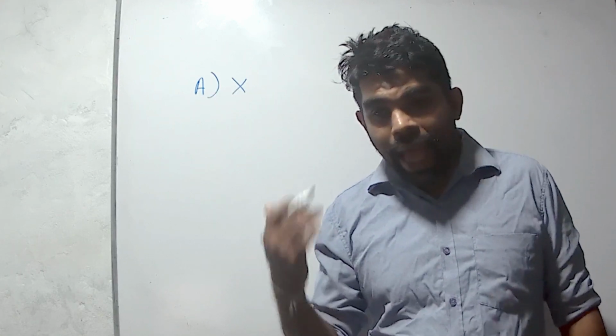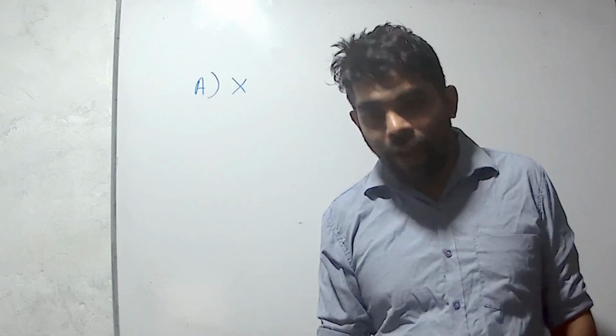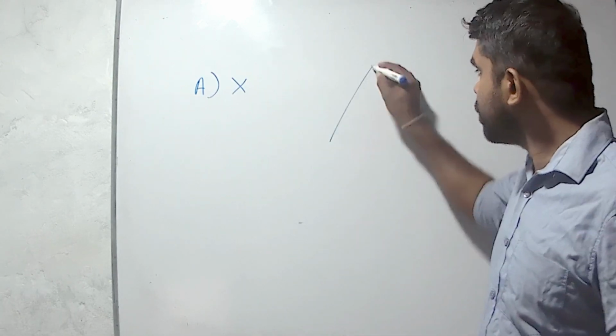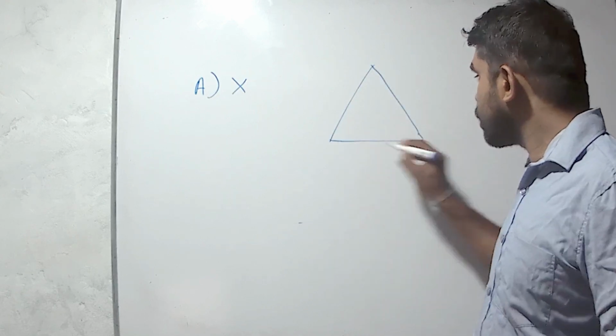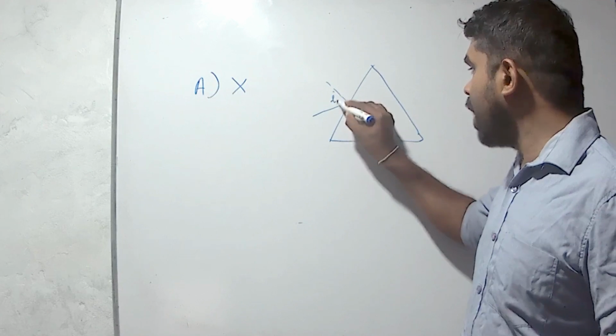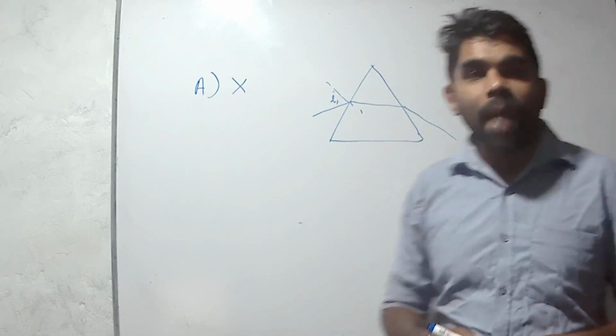Part B, the angle I2 always increases with I1. When increasing I1, there is a minimum deviation angle.